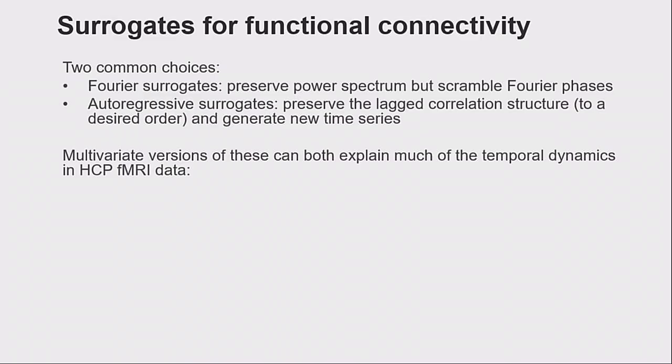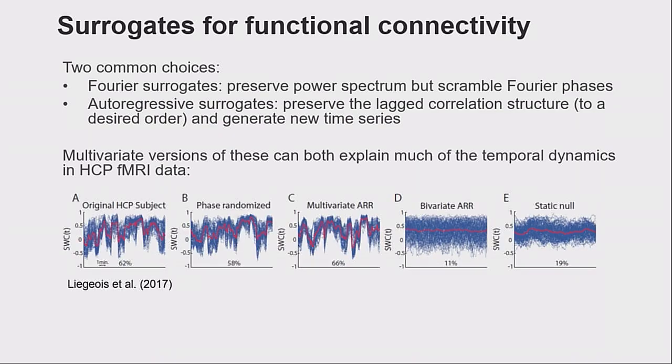There was a very recent paper out of Singapore, and there's a parallel session with this one, but of course you guys are all going to stay here and not go to that session, where Raphael Liegeois had a nice paper showing that if you use these surrogate methods, a lot of the dynamics that you see in sliding window correlations, that's what that SWC label is on those axes, a lot of the things that appear to be dynamic, where things are changing, right, you don't actually need some underlying model with a parameter that is moving around.